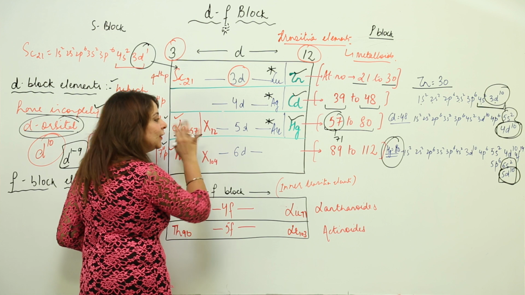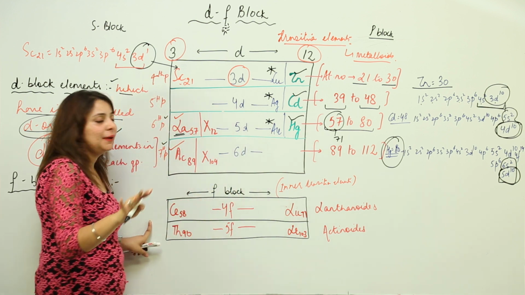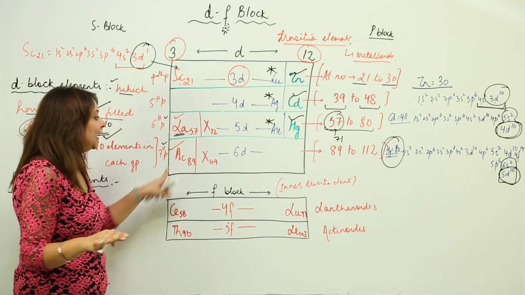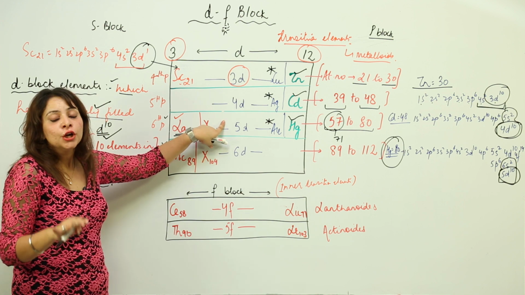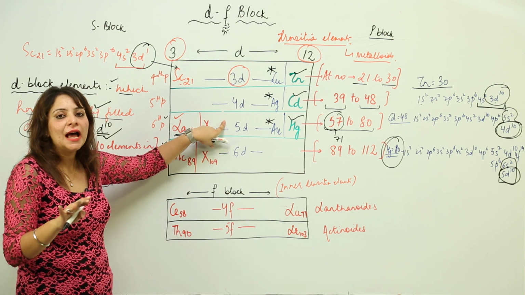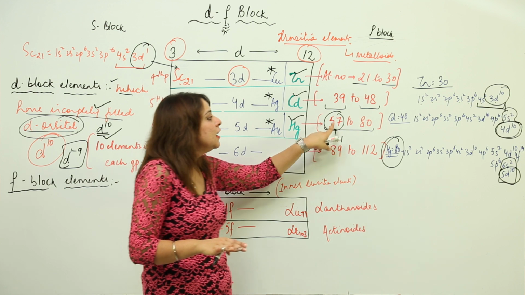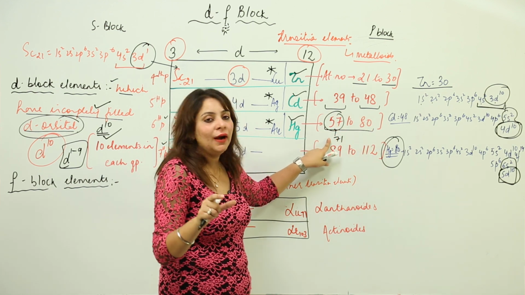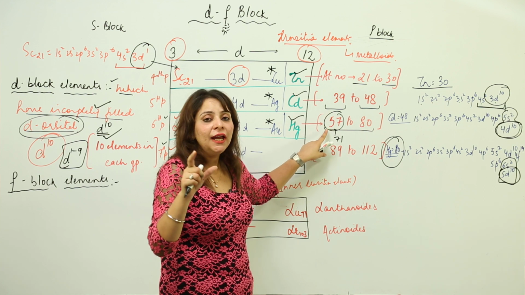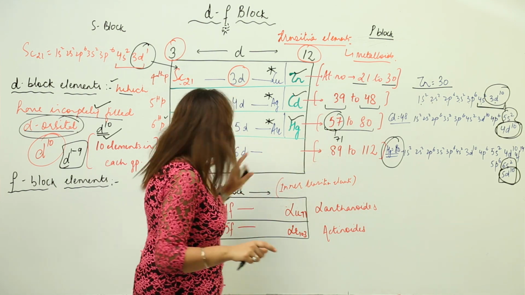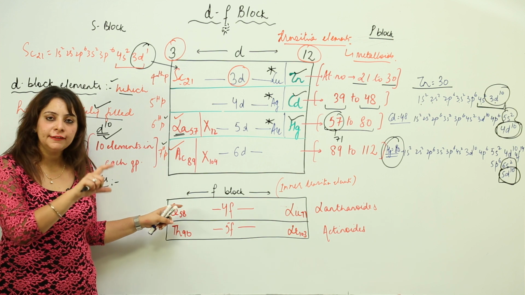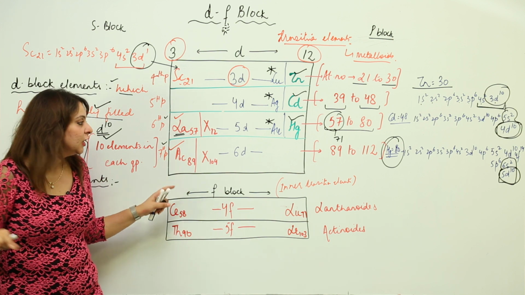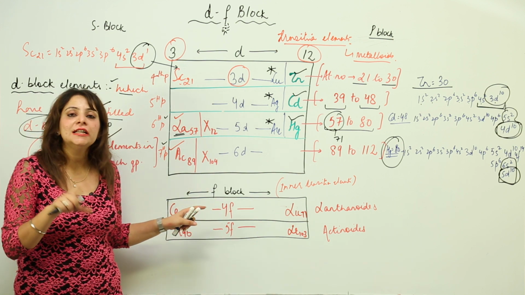That is why it consists of only 10 elements. But if somebody asks how many elements are present in the sixth period, you are going to say that it has elements ranging from atomic number 57 to 80, but 58 to 71 are just squeezed up and placed below the d block in a separate series. So this is what you need to remember, because they are inner transition elements.